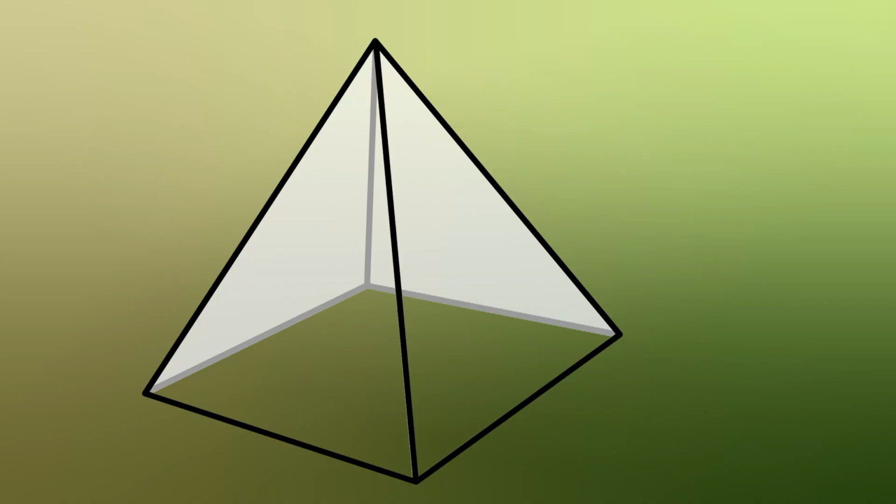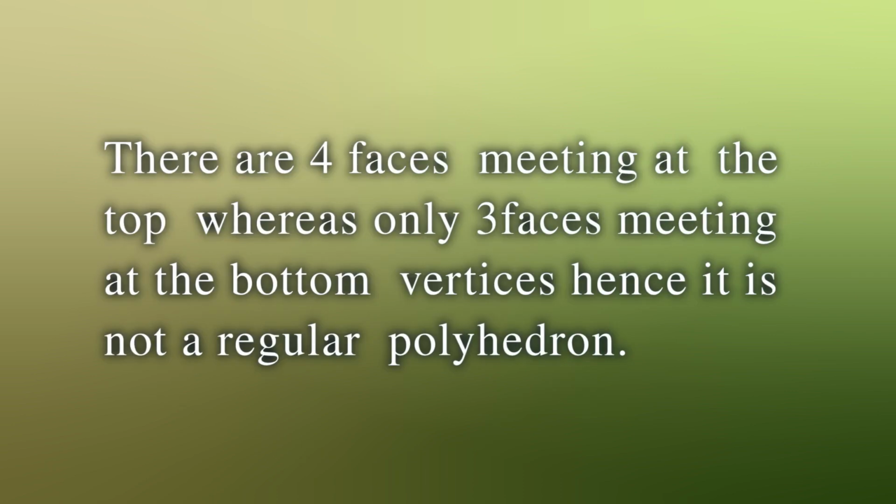When I consider another solid like this, it has regular polygons as its sides, that is triangles on the sides and a square at the bottom. But there are 4 faces meeting at the top, whereas only 3 faces meeting at the bottom vertices. Hence, it is not a regular polyhedron.